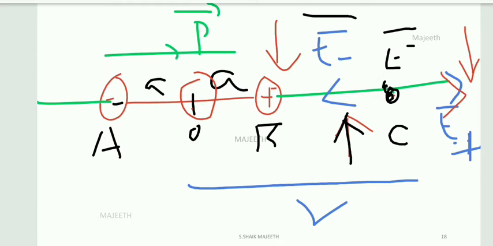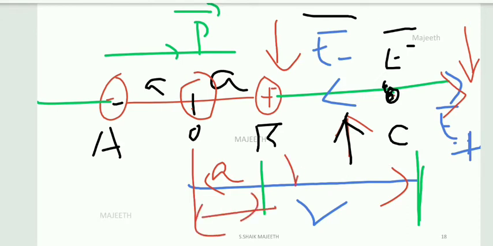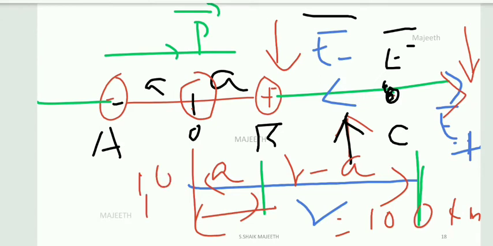But we don't know the distance between the positive charge and C. From the center to C the total distance is R, but I know one more thing: the distance from the center to the charge is A. So the total distance is R, this distance is A, which means the remaining distance must be R minus A. Suppose R is equal to 100 kilometer and A is equal to 10 kilometer, then the distance is 90 kilometer.